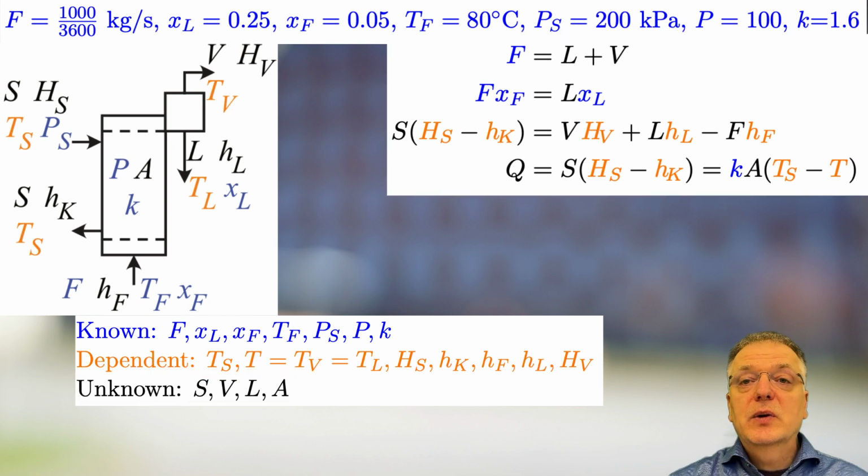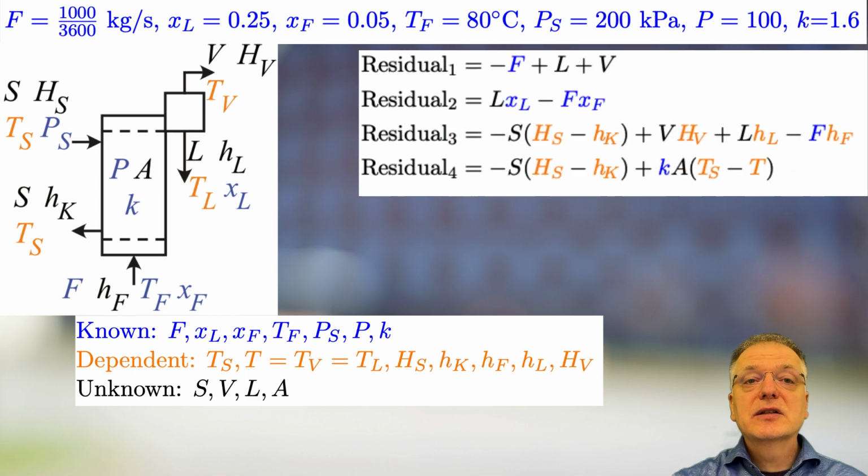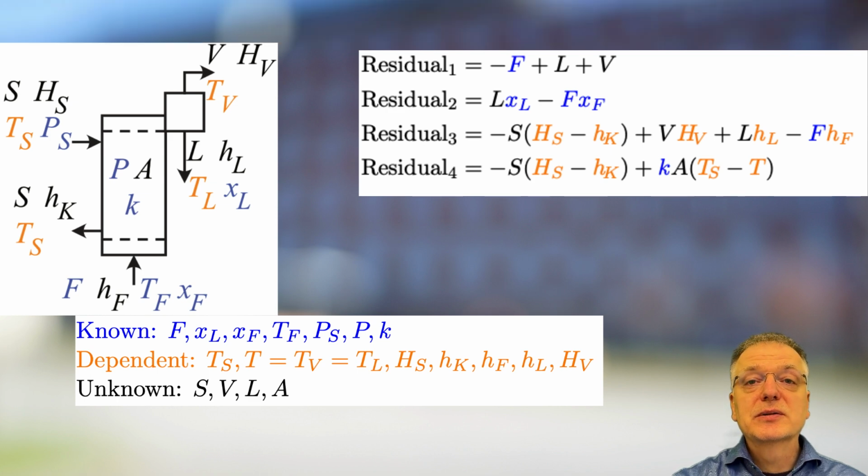To solve the equations numerically, we will rewrite the 4 balances, the 4 equations, in residual form. That is, move everything to one side and call it the residual. By doing this, we can make guesses of unknown variables and know that the closer to 0 the 4 residuals become, the closer we are to the correct solution.